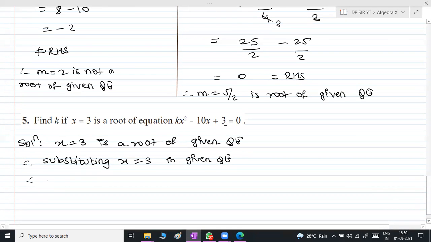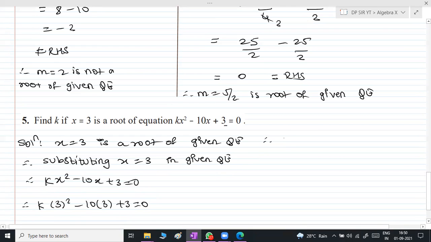What is the given quadratic equation? kx square minus 10x plus 3 is equal to 0. Therefore, k into what is the root? It's 3 square, so k into 3 square minus 10 into 3 plus 3 is equal to 0.